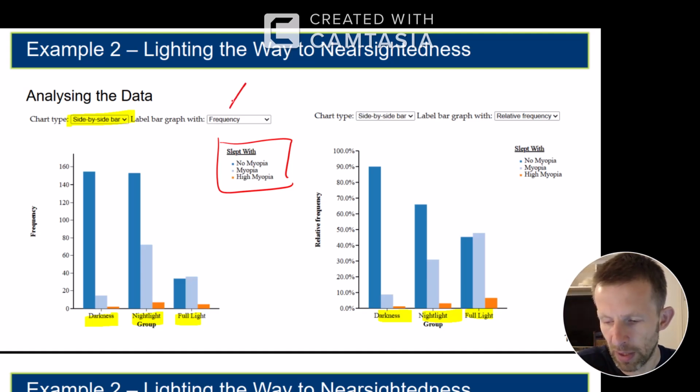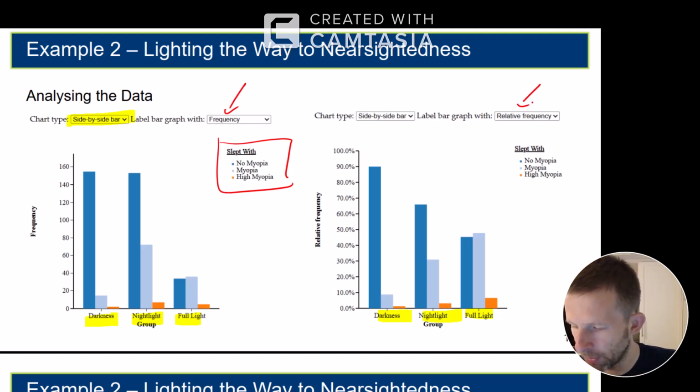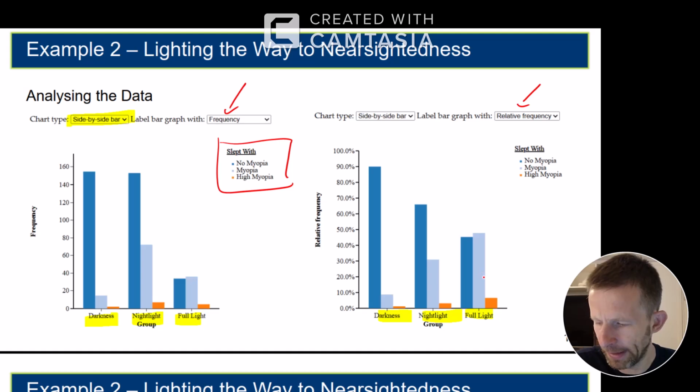The two options are a frequency graph and a relative frequency graph. With a relative frequency graph, you can see the percentages between the different categories. For darkness, all 3 of those add up to 100%. And same with full light.